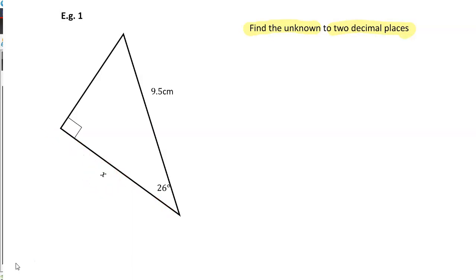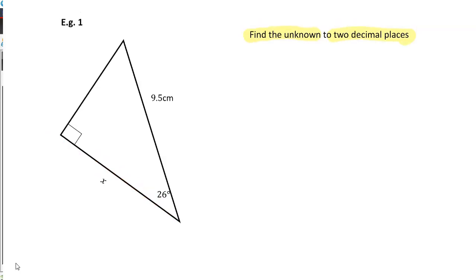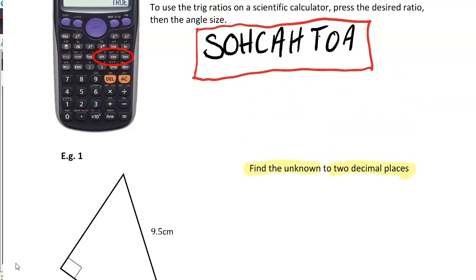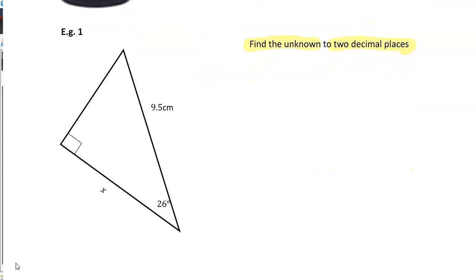Now, that side, x, is it adjacent or opposite to the angle that we know? It is adjacent because it is next to it. So because it is adjacent, I've got to use my cos ratio. So cos angle equals adjacent over hypotenuse.